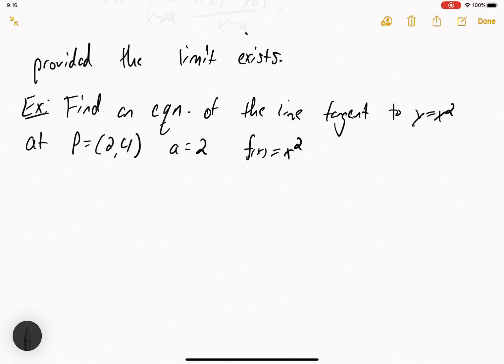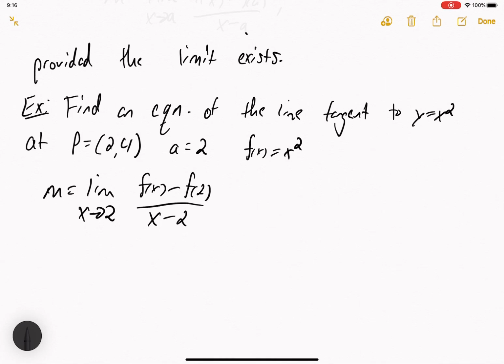So we have that m is equal to the limit as x goes to 2 of f of x minus f of 2 divided by x minus 2. And that'll be equal to x squared, because f of x is equal to x squared, minus 4 divided by x minus 2. Oops, forgot the limit. x goes to 2.